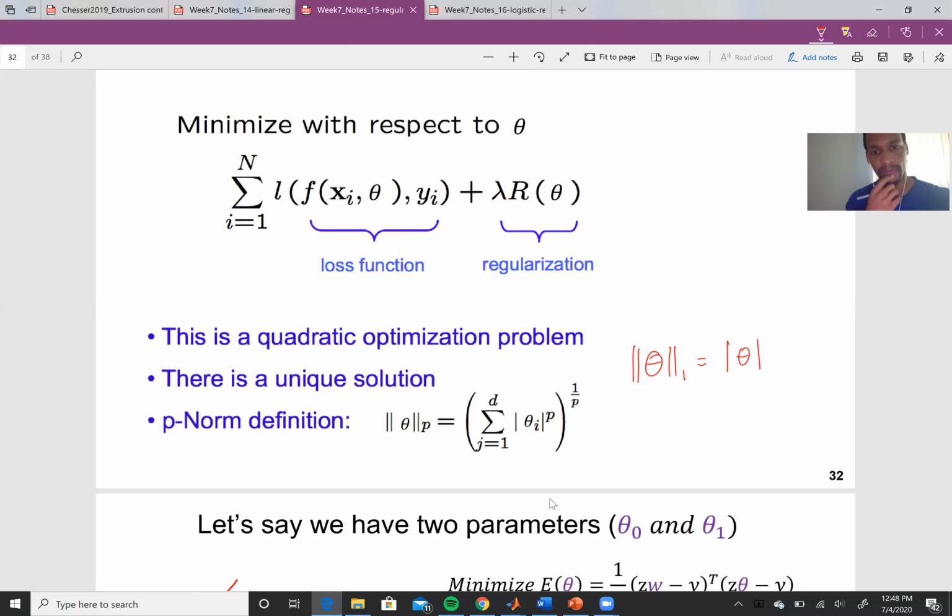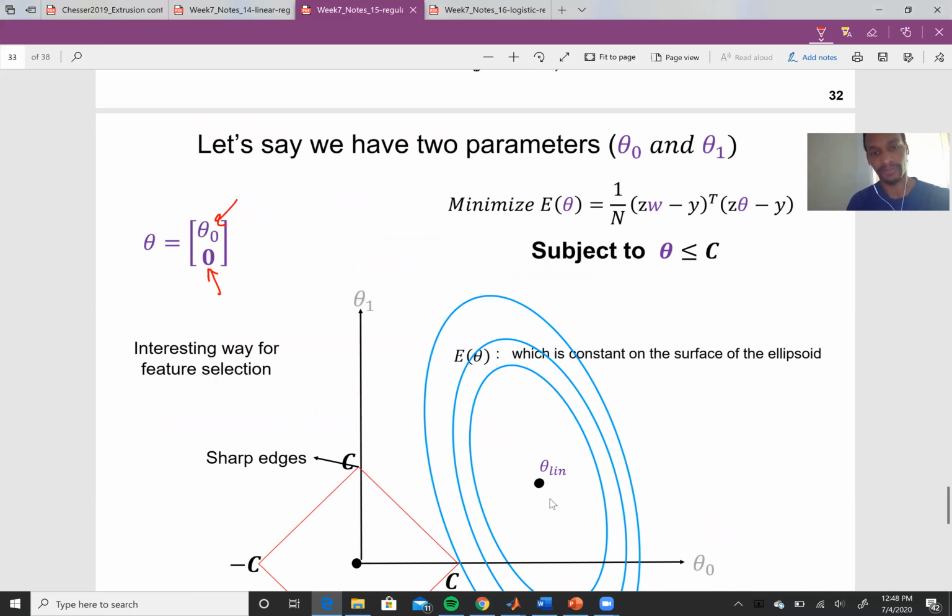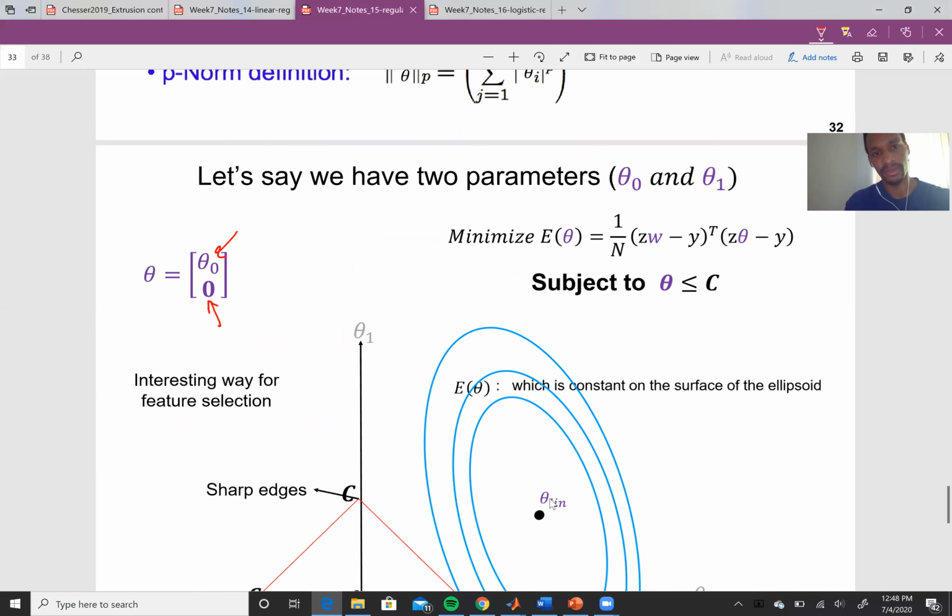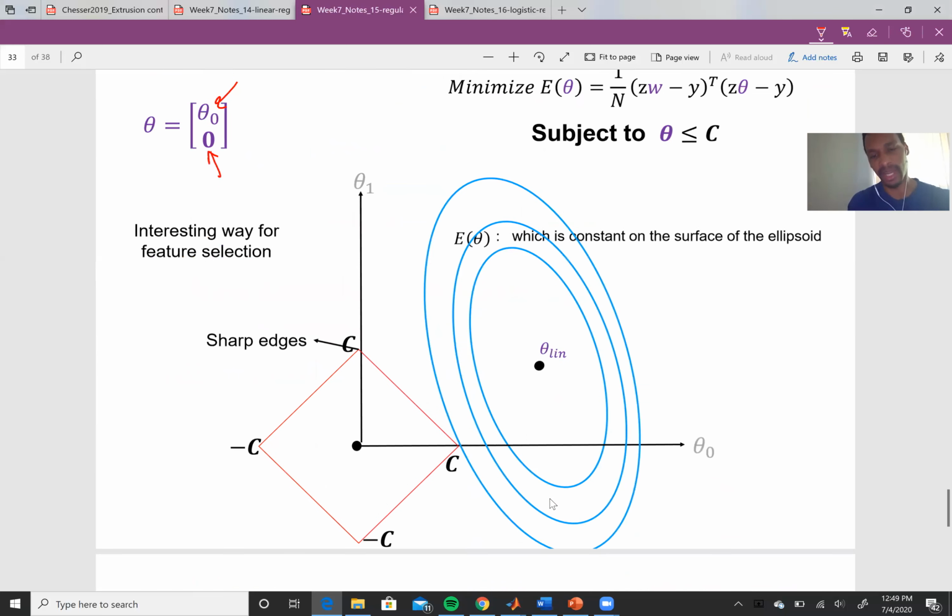Now instead of a circle, we have basically a diamond or a square, where this is now your C, right? This point is your C here, here, and here.